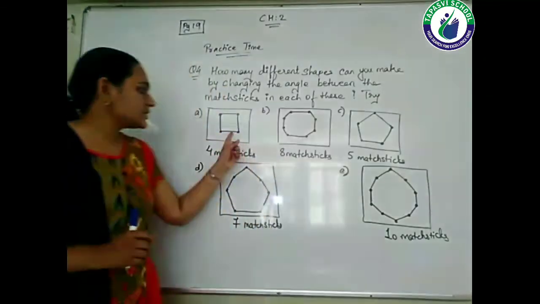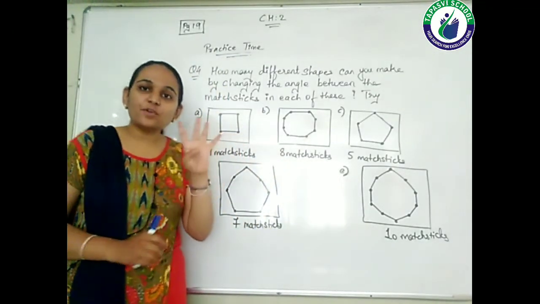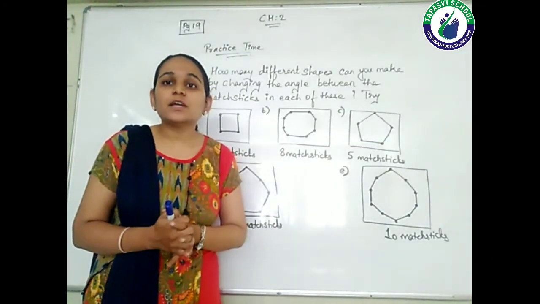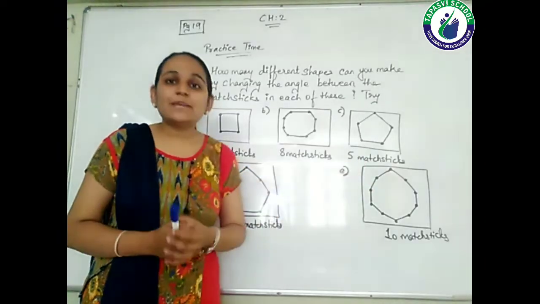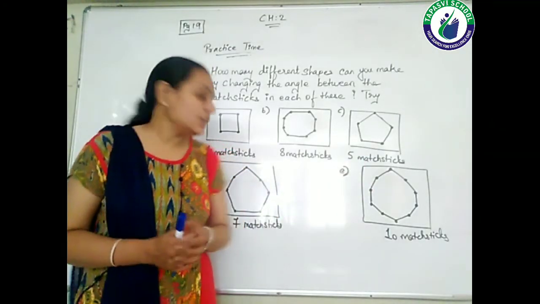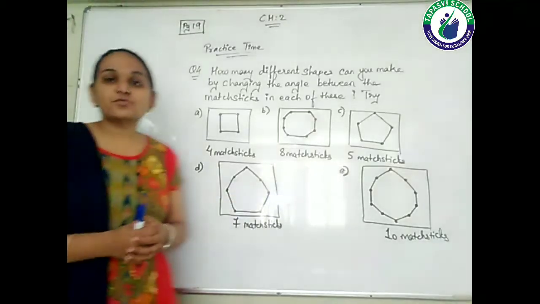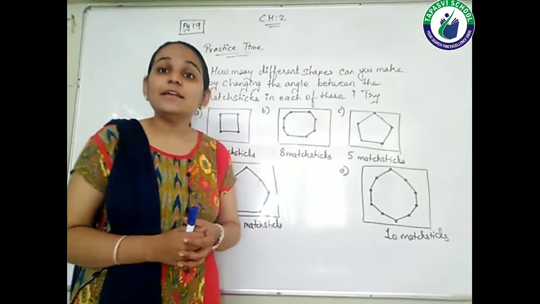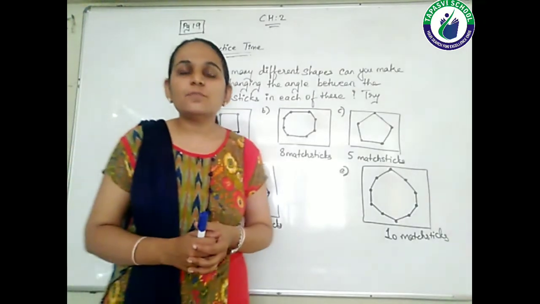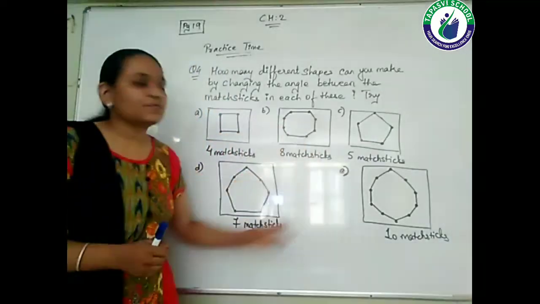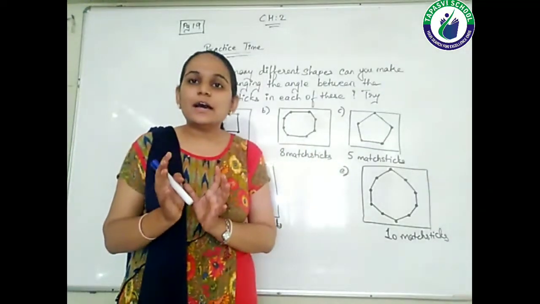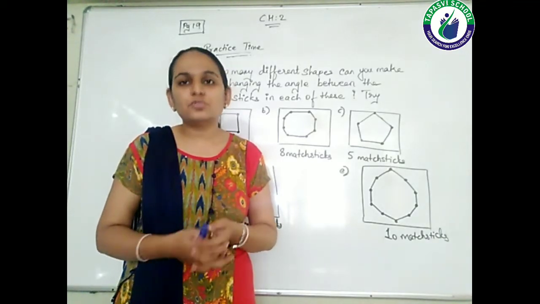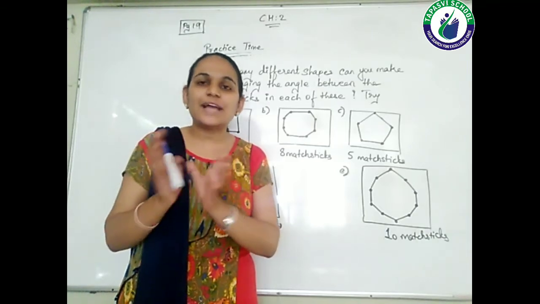This is a 4-sided figure, that means 4 matchsticks are used to make a square. 8 matchsticks are used to make an octagon, 5 matchsticks to form a pentagon, 7 matchsticks to make a septagon, and 10 matchsticks to make a decagon. So based on this, we have to just change the angle between the matchsticks and give 2 to 3 figures based on the changing angle.